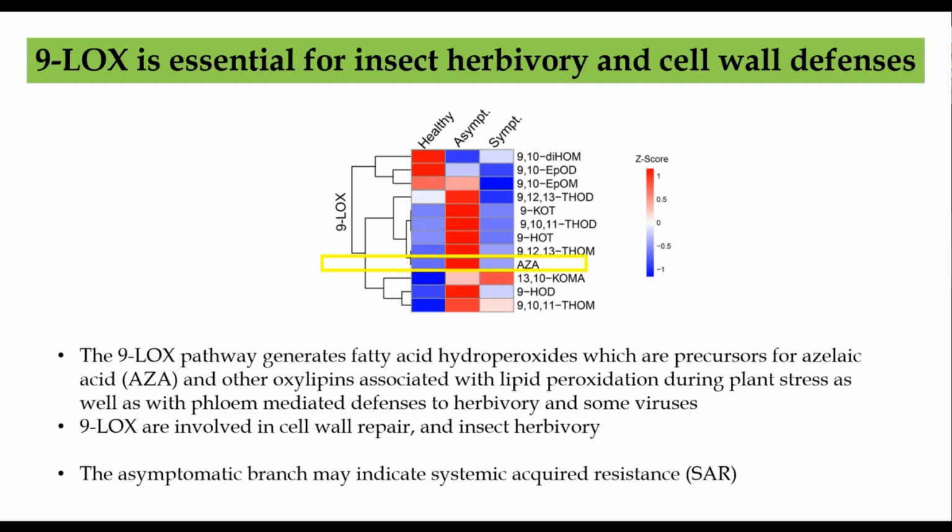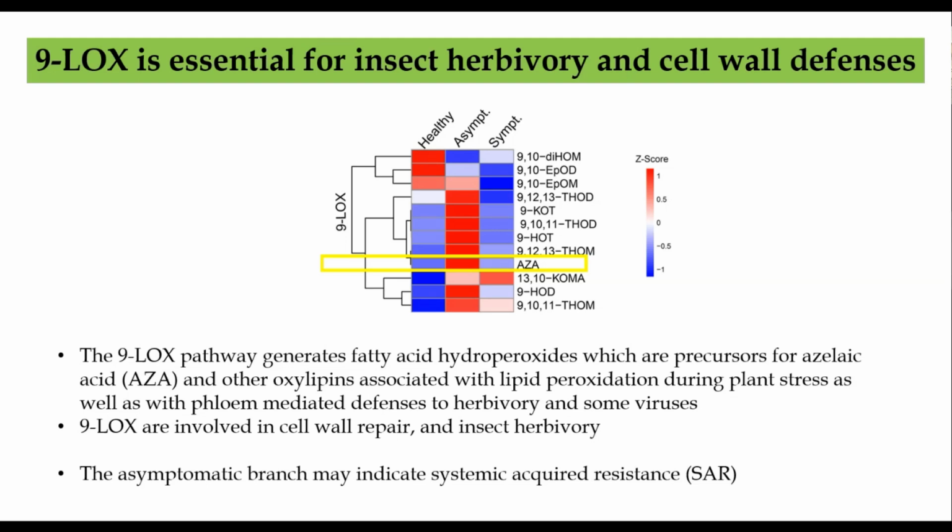Especially if you look at azelaic acid, it primes plants for salicylic acid mediated systemic acquired resistance. Here you see among all these 9-LOX metabolites, it is accumulating more in asymptomatic.